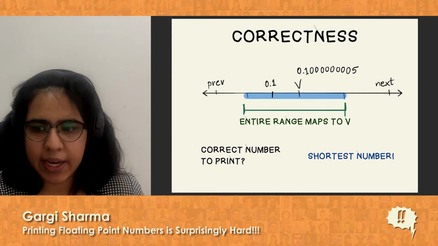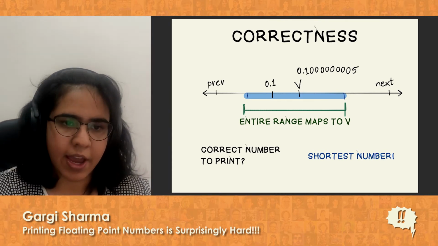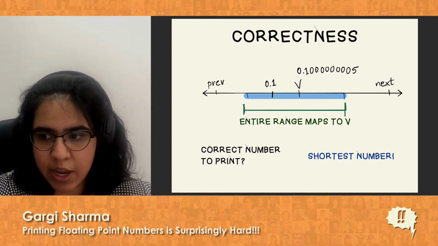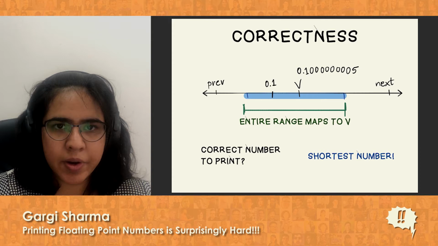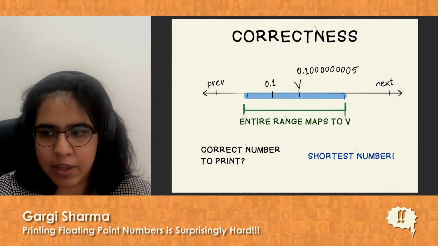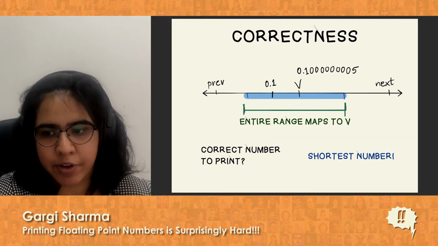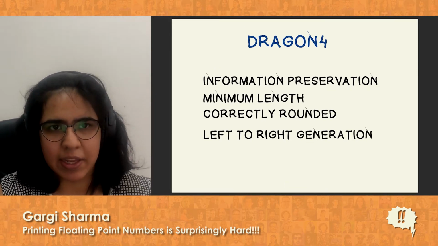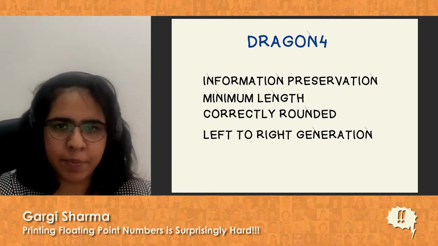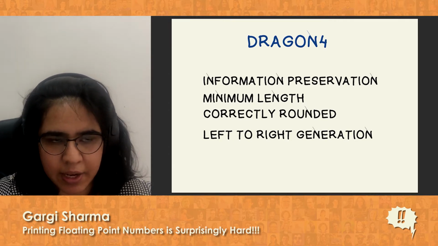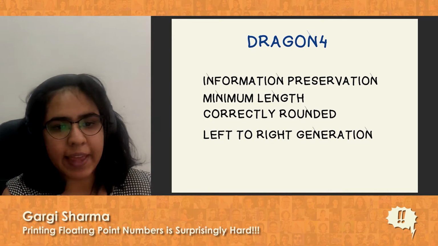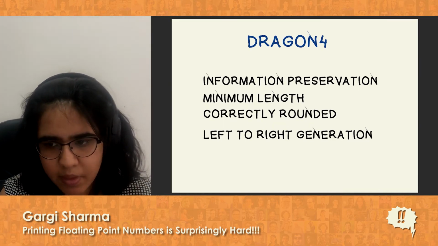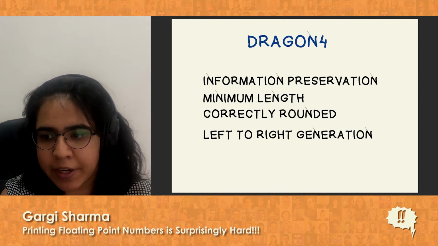Around 1980, the IEEE 754 floating point standard came around, but people would more or less pass working code for reading or writing floating point numbers, and they didn't write too much about correctness because the idea was that floating point is inherently inaccurate anyway. To rectify that, Guy and Steele wrote this paper on printing floating point numbers.